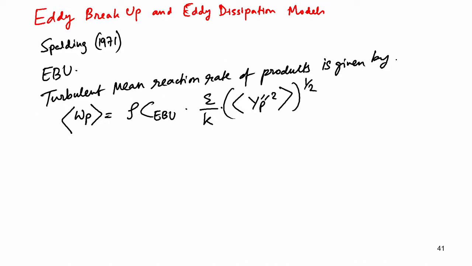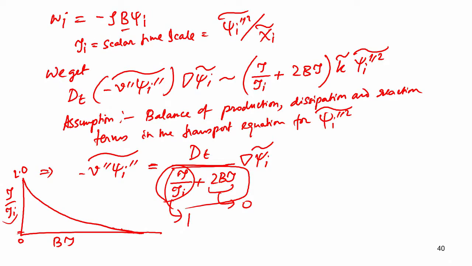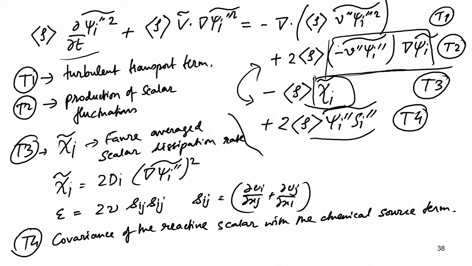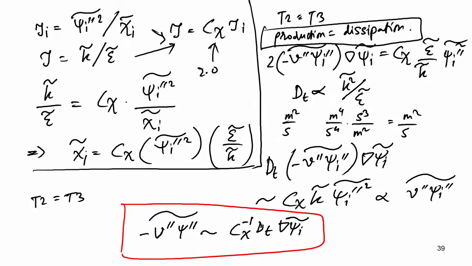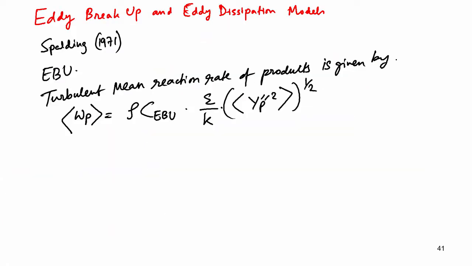Okay. You see this thing, rather if you go back, what was the definition of our scalar dissipation rate? What was the modeling for our scalar dissipation rate? So this was the modeling for our scalar dissipation rate, right? As you see here, this thing looks very close to that. Okay.